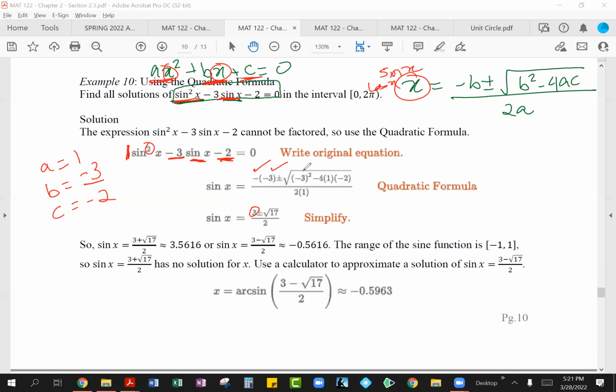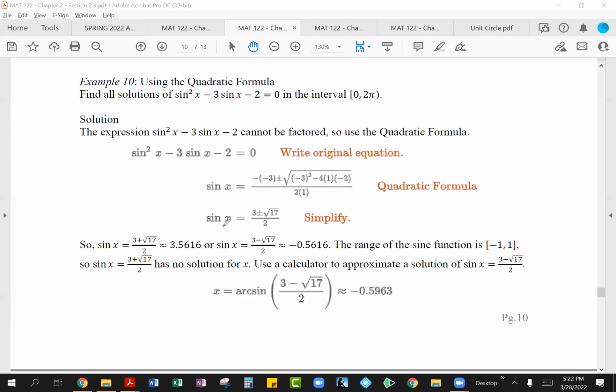Then you do b squared, so that's b squared minus 4 times ac, divided by 2a. So literally using that formula, clean up the radical, which comes out to be square root of 17, and then the denominator becomes 2. So you are getting sine of x equals 3 plus or minus square root of 17 over 2.